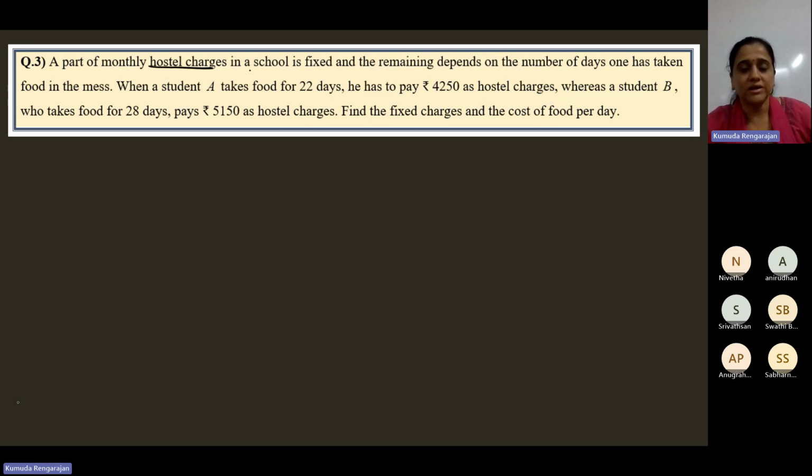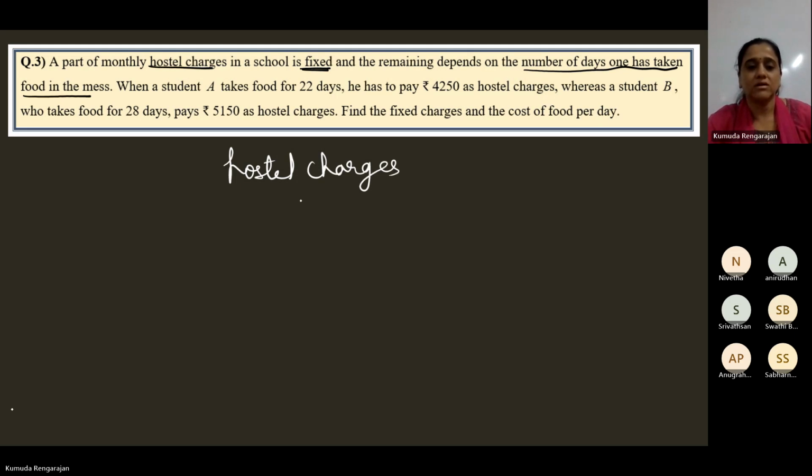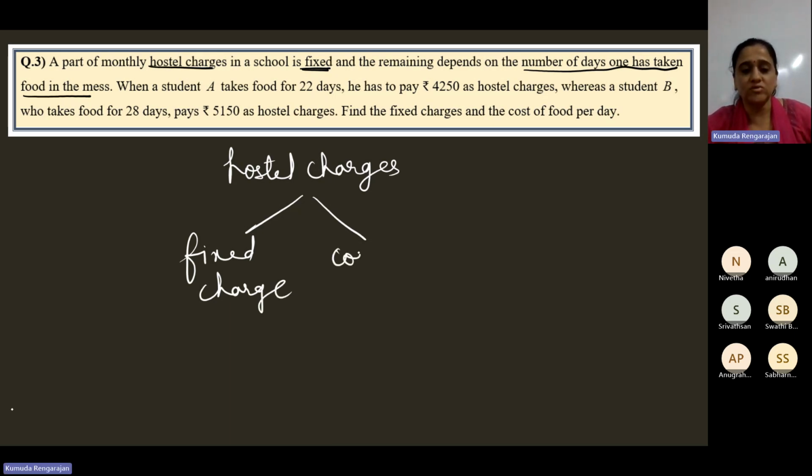Hostel charges in a school is fixed, and the remaining depends on the number of days one has taken food in the mess. So the total thing is called hostel charges. One is the fixed charge. The other is the cost of food per day into number of days.